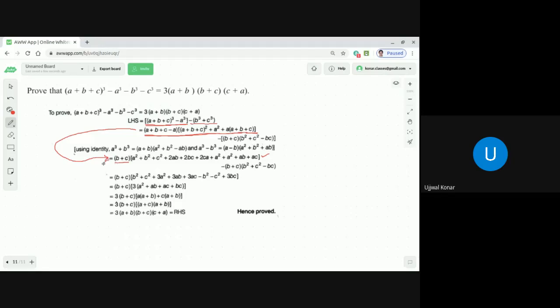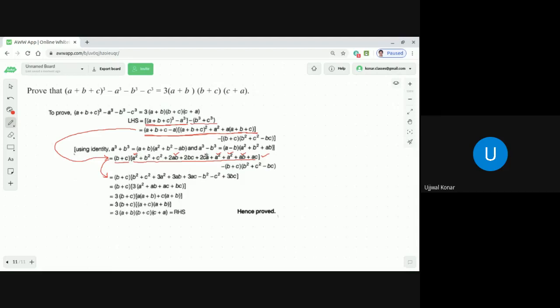After that, from here we come to the next step. So b plus c we took common, and whatever is inside, we just made a simplification. What we have done? b square plus c square plus 3a square. Why? Because here is 1 square, here is 1 square, here is 1 square. So 3a square plus 3ab, because here is 1ab, 2ab, here is 1ab, 2ab plus ab, 3ab.